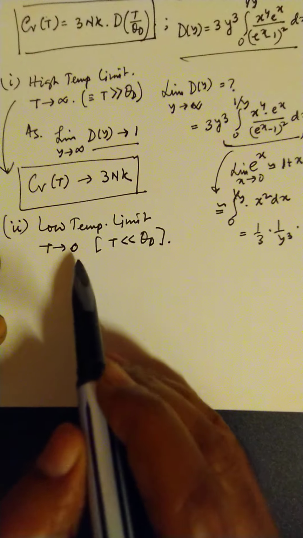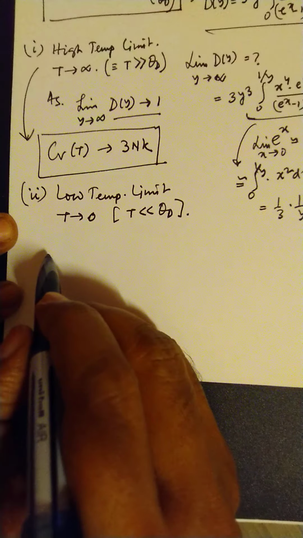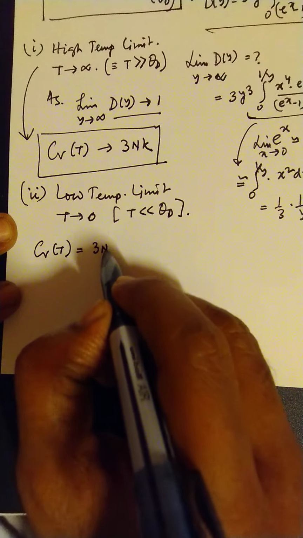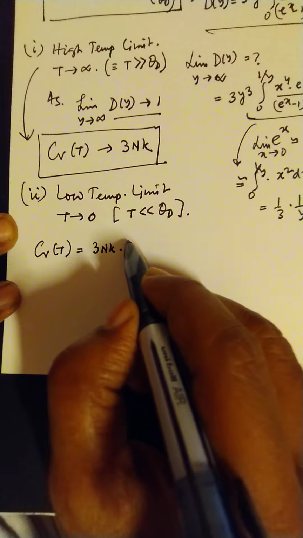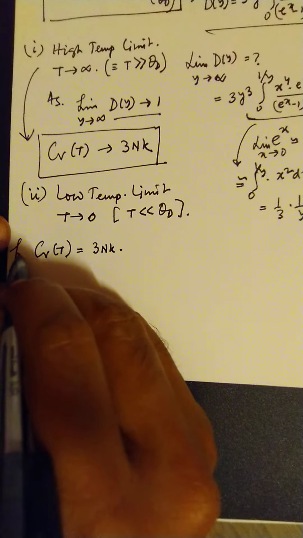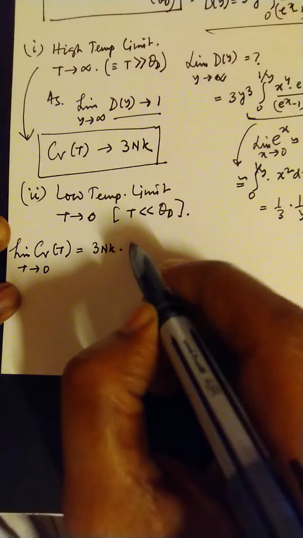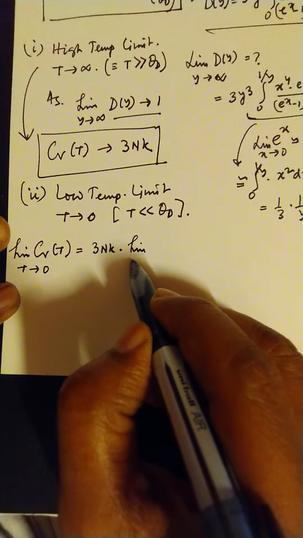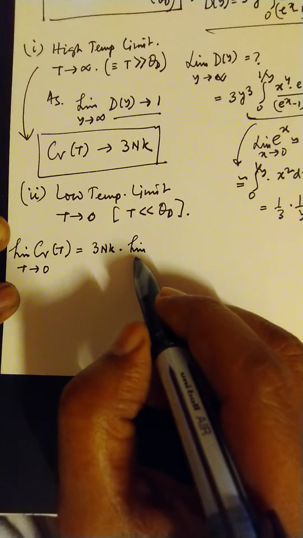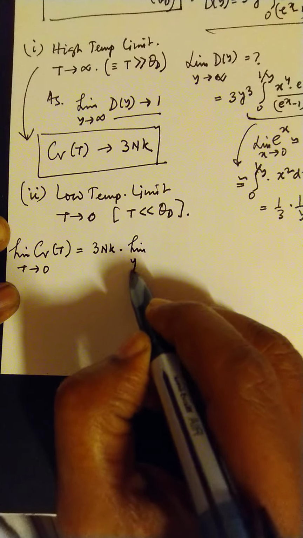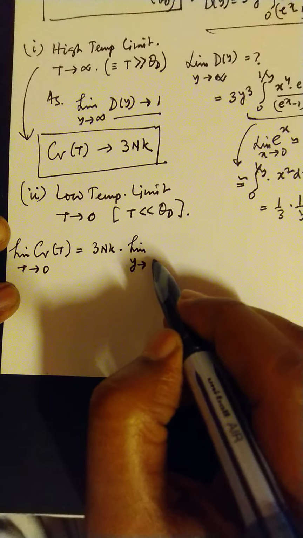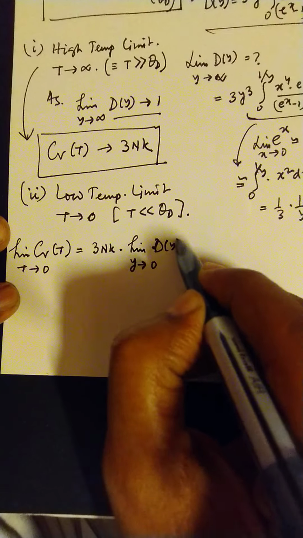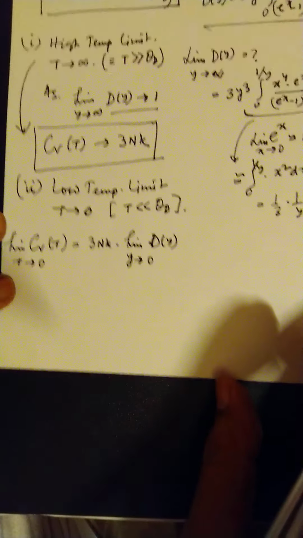So when T tending to 0, essentially what we need is Cv in that temperature domain, which is 3nk into the limit y tending to 0 of Dy. So the Dy function at y tending to 0 we have to find.